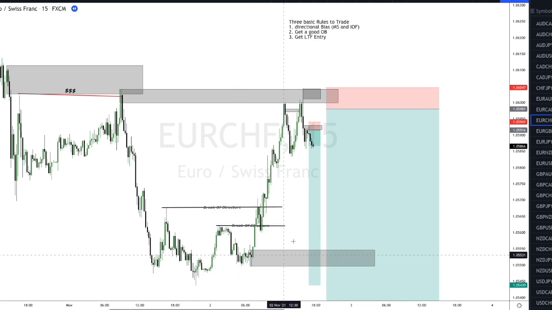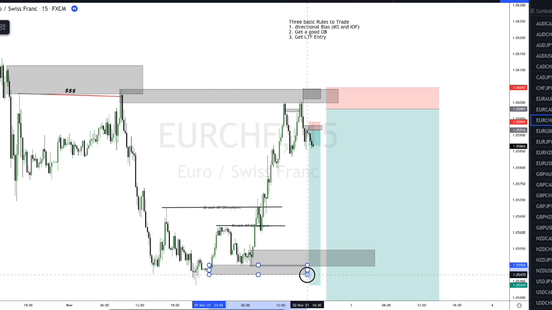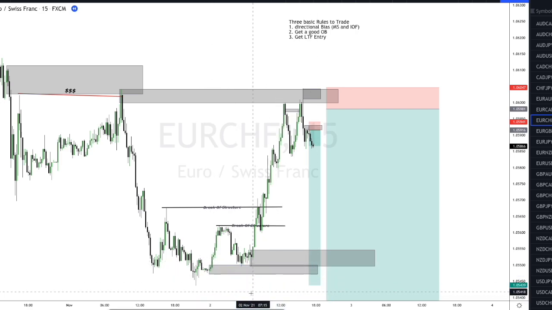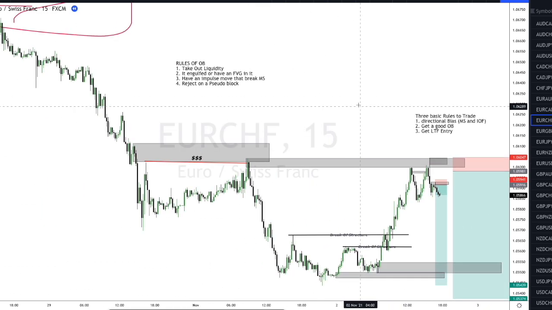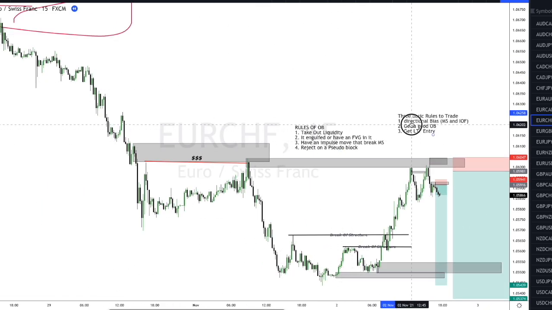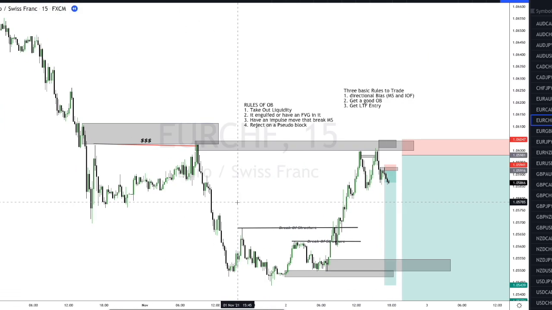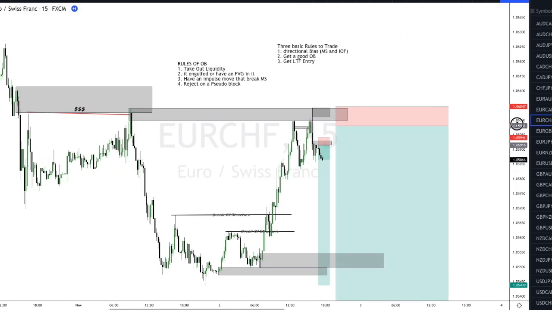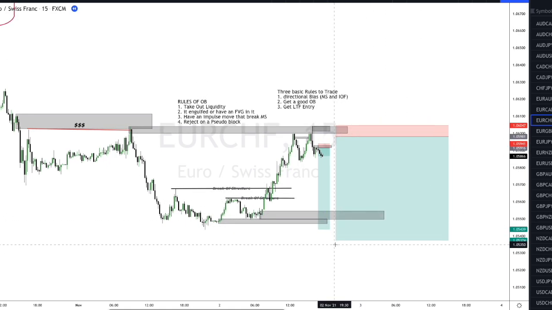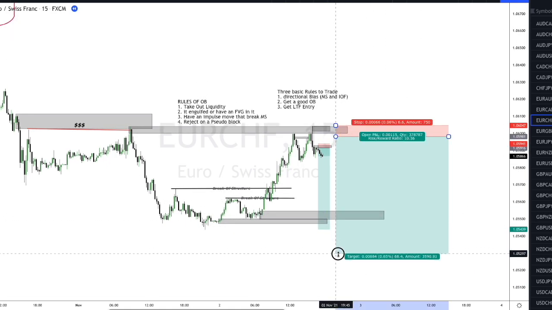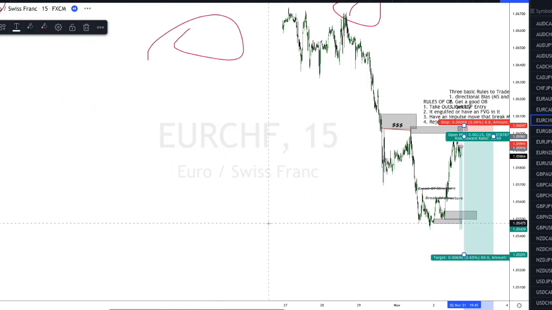Now, this particular trade fulfills all the rules. It took out liquidity here, as you can see, and it is rejecting on this particular last candle. So this fulfills all the rules of order blocks and also the directional bias that we have here. I was expecting this trade to get to 1 to 10, because I believe that the ultimate structure of this pair is bearish.